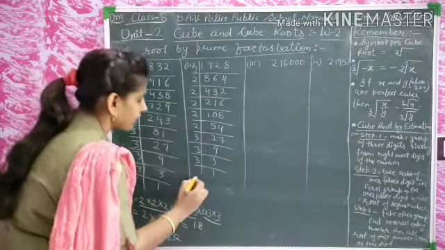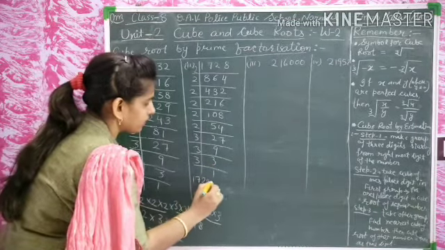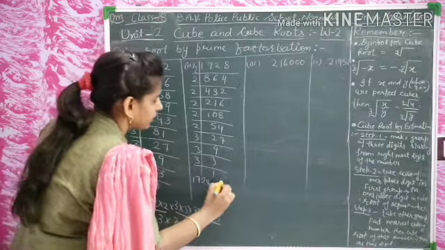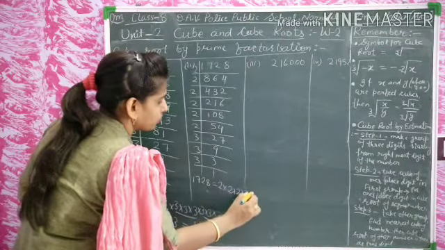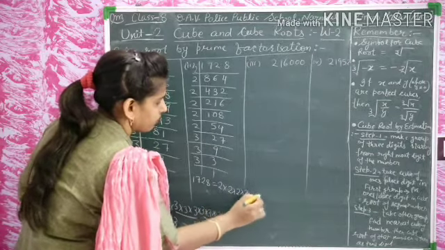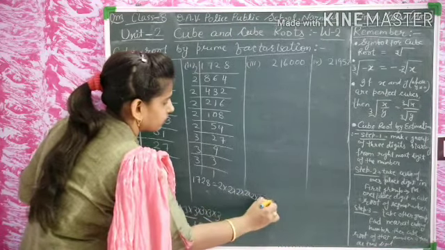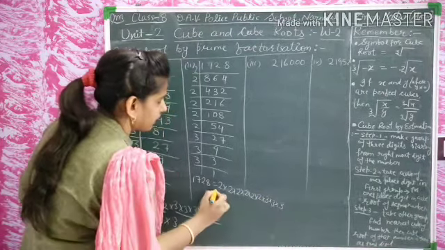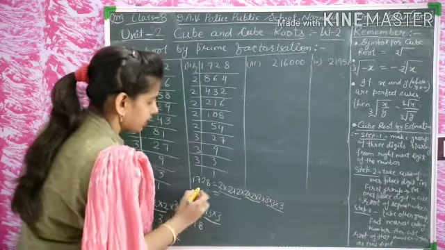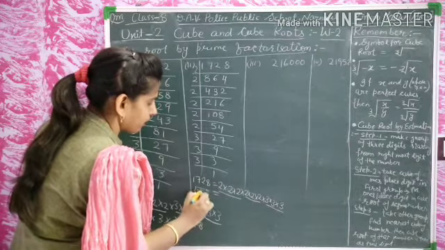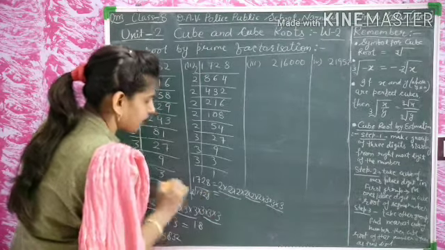So the prime factorization of 1728 is 2 into 2 into 2 into 2 into 2 into 2 into 3 into 3 into 3, and that becomes equal to, grouping again, these three groups. Now we have to find the cube root of this number.